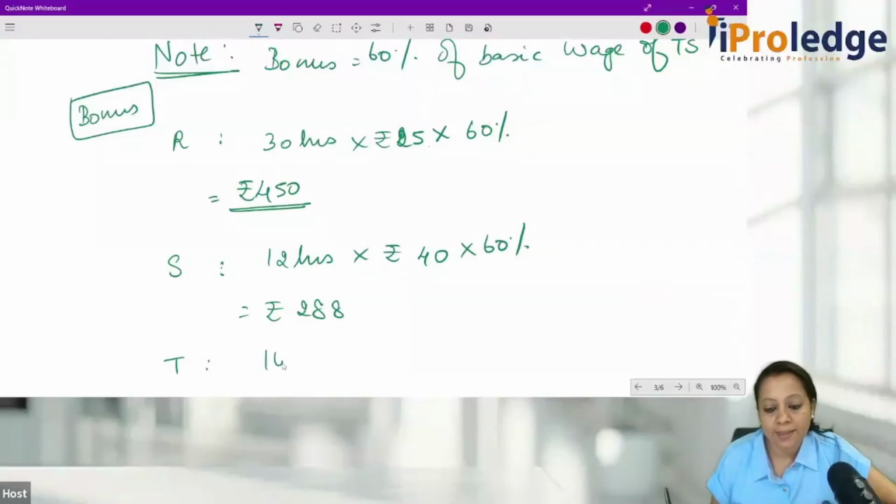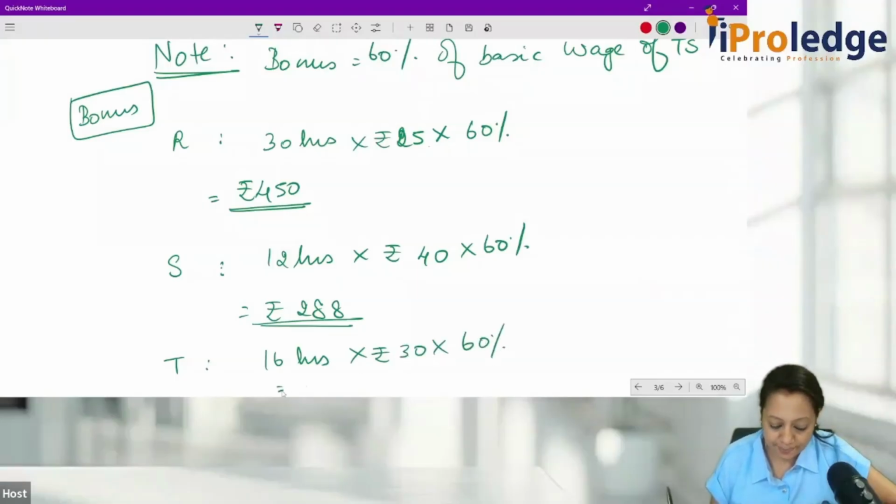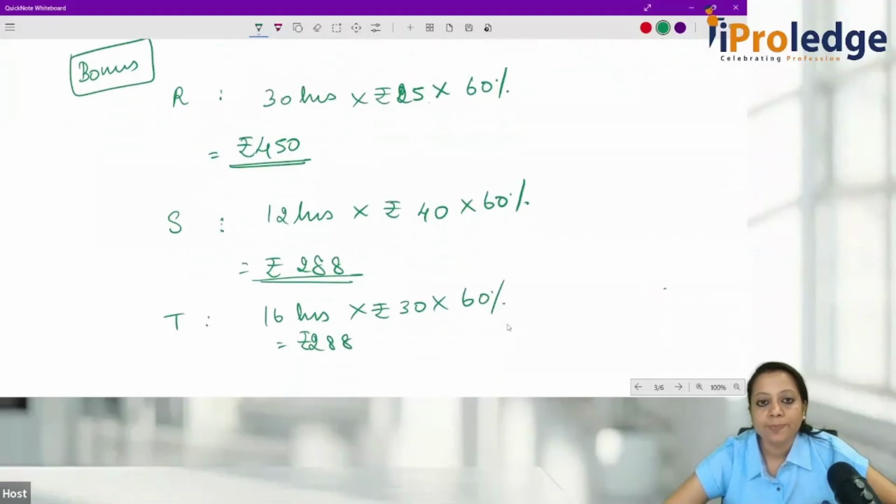And T, 16 hours, am I correct, students? Into rupees 30 into 60%. 288. So bonus calculation is over.